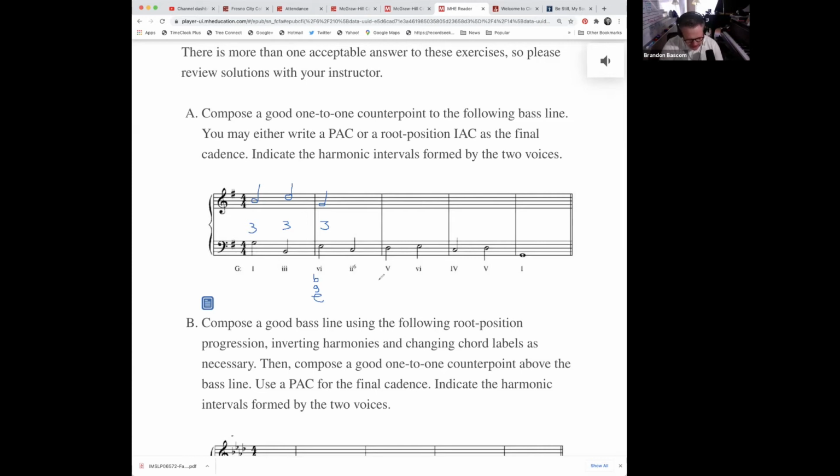Next, we have a 2/6. Go to the A, I guess.